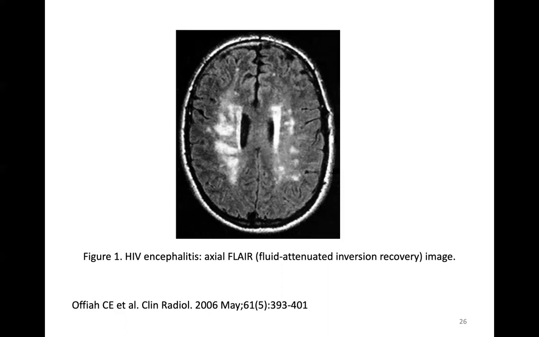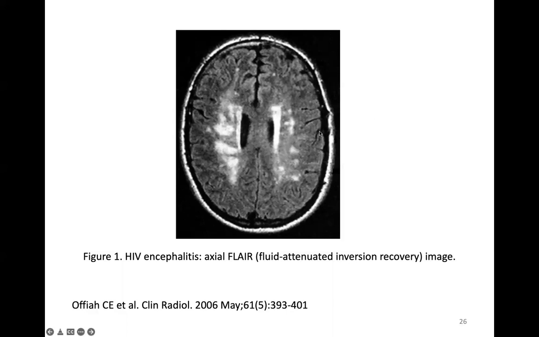But on imaging, this is one that you cannot commonly confuse with others. With HIV encephalitis you have cognitive impairment on clinical exam, and on imaging you usually find diffuse symmetrical atrophy.